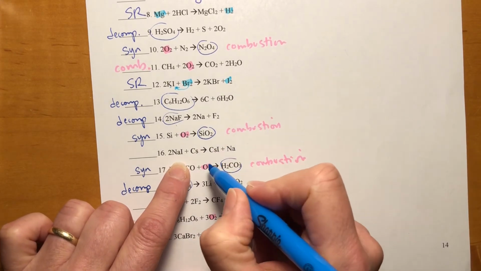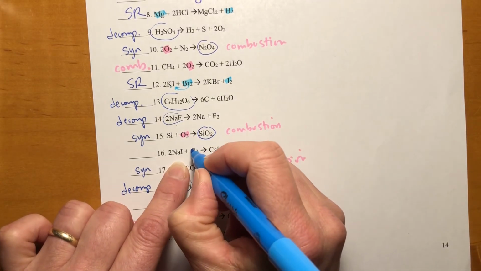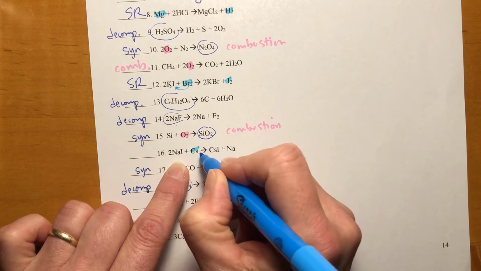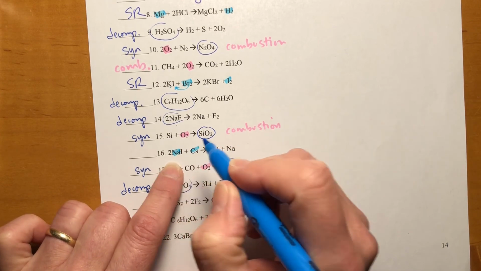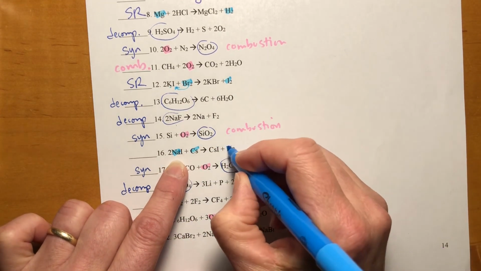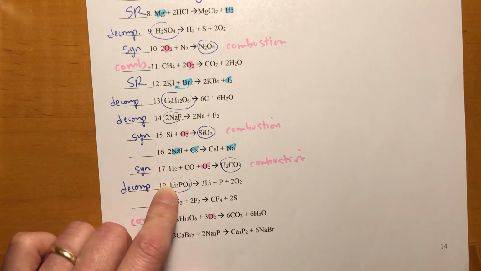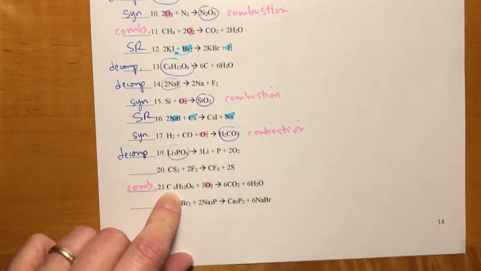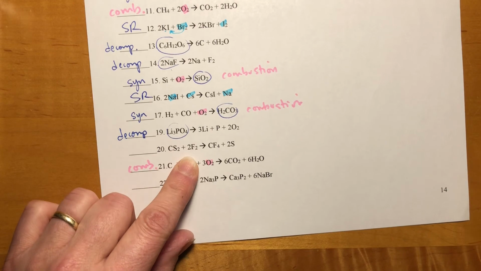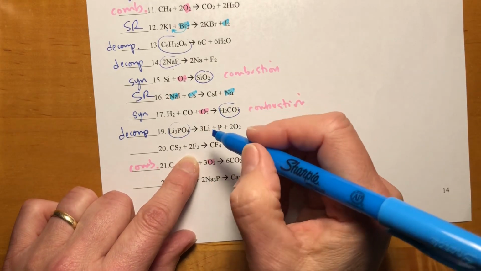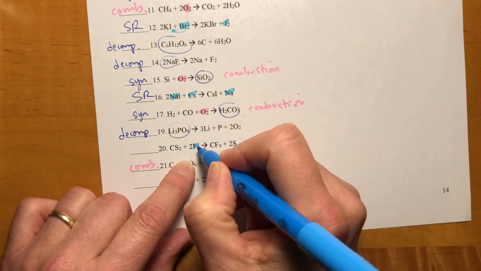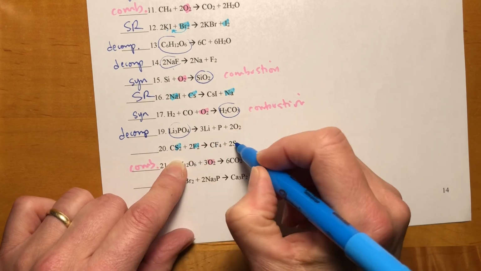Here we go. Another one. Cesium is a metal all by itself, and it's going to come and kick out this other metal. Kicks out the sodium. Now the sodium's alone. So that's a single replacement. Here's another single replacement. The fluorine is by itself, and it's going to come in and kick out the sulfur. So the sulfur's alone.